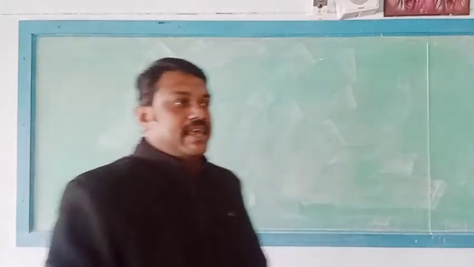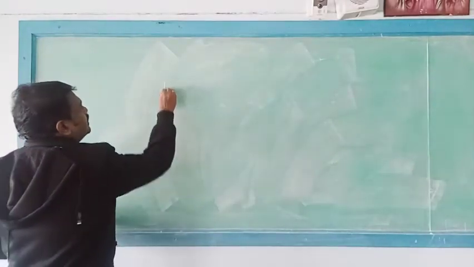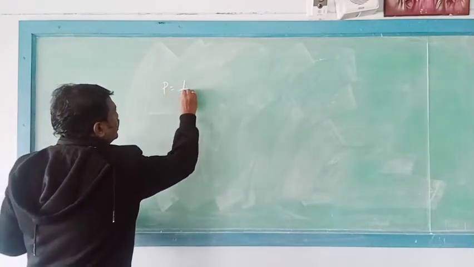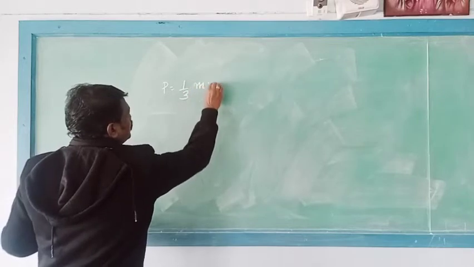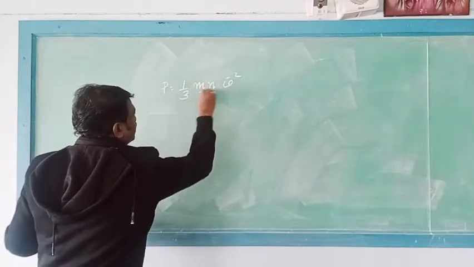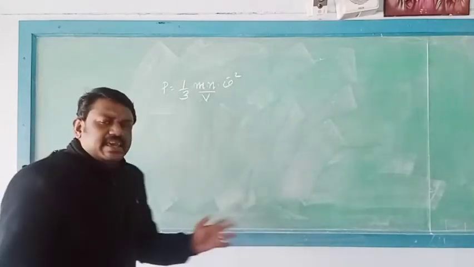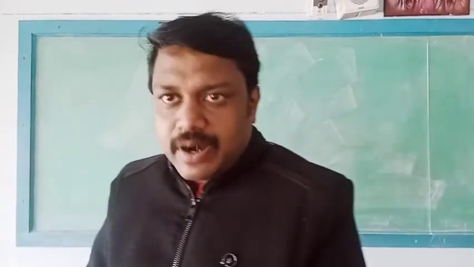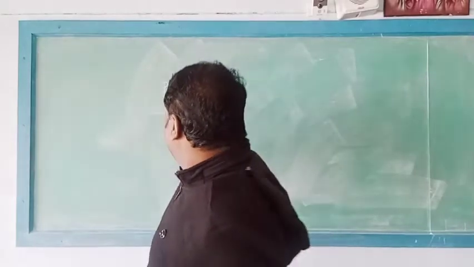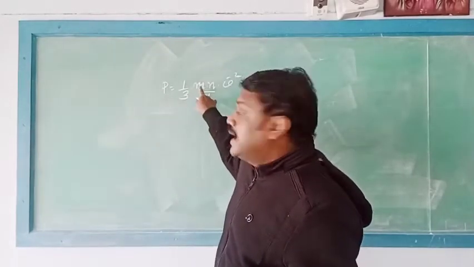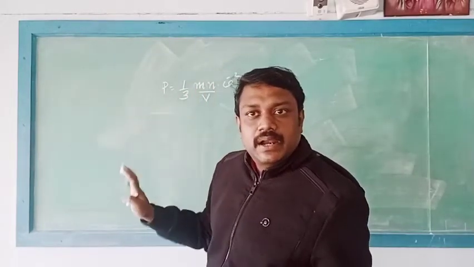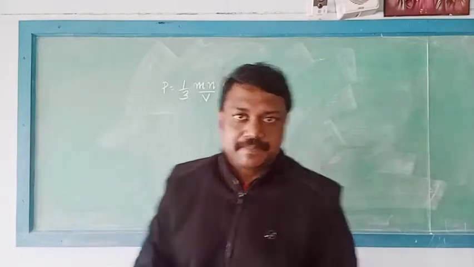Again, we can have the same equation for the pressure. P is equal to 1 by 3 into m into N into v average square divided by V. This is a given mass of gas. It is not 1 mole, it is a given mass of gas, and the mass of one particle is m, and N is the total number of particles in that system.